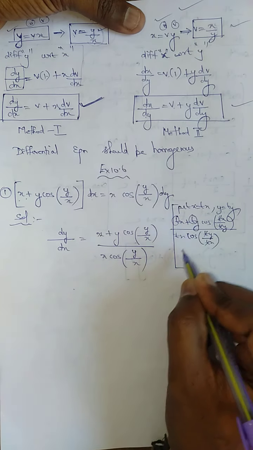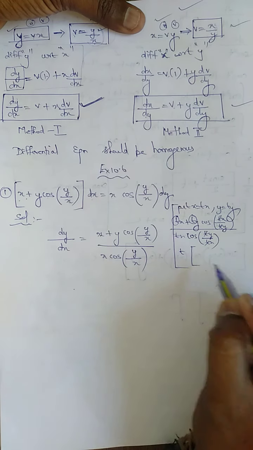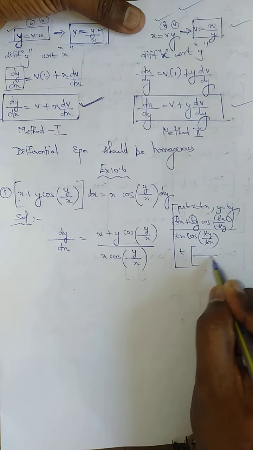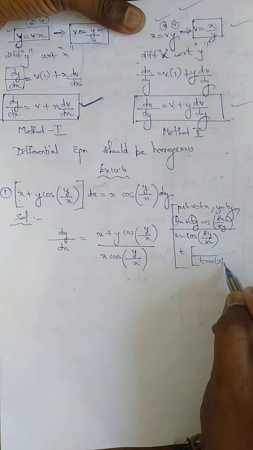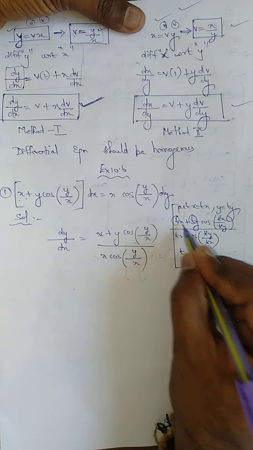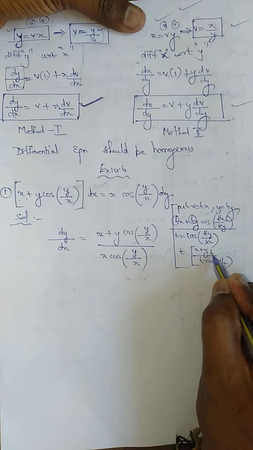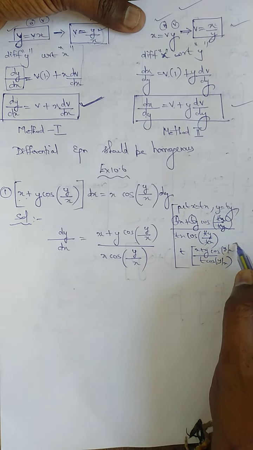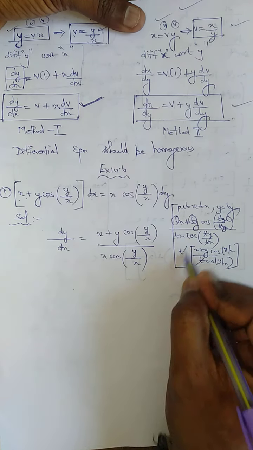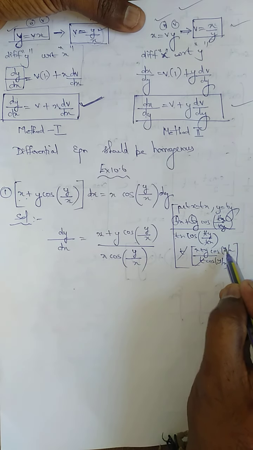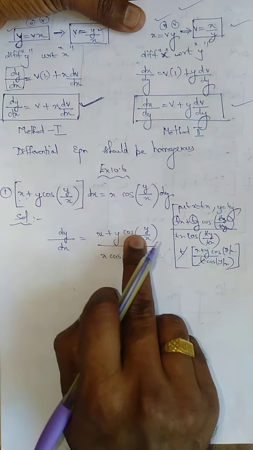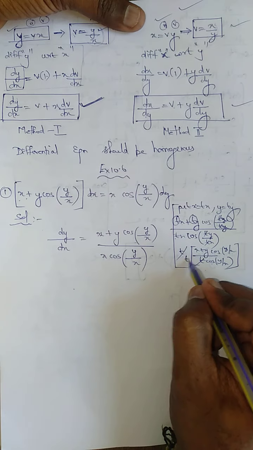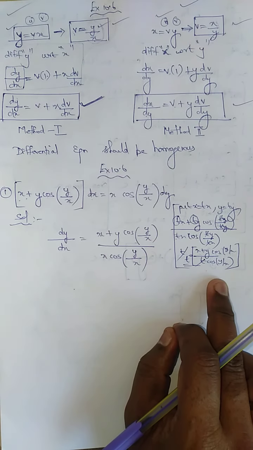Here t is common, take t outside. Then x plus y cos y by x, cos y by x, I get the same expression once again. That is t power 0, degree t power 0. So it is a homogeneous equation.